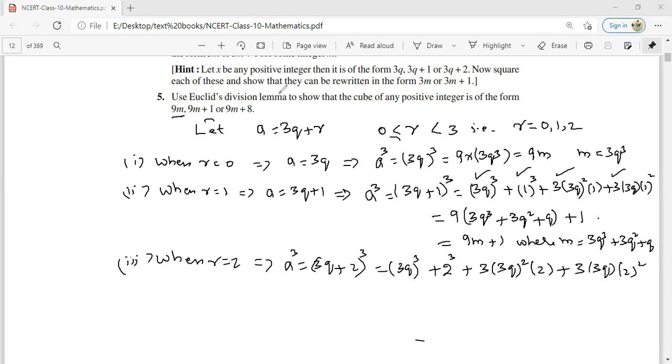So 2 2s are 4, 2 4s are 8, because we have to bring 8. So this 8 can be written outside, and we can take 9 common. When you take 9 common from this, 3 9s are 27, so 3Q cube will be left. From this you take 9, so 3Q square is left, and here Q will be left.